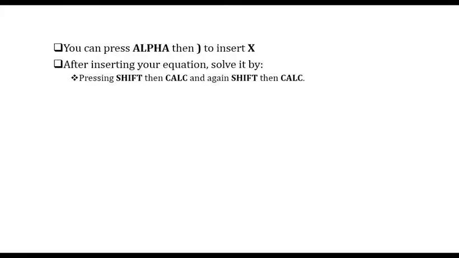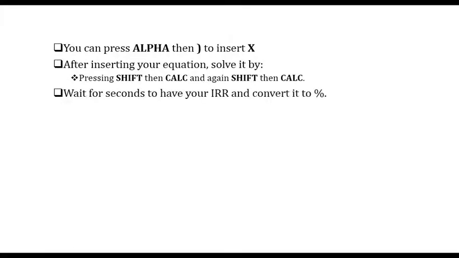Okay, so now you press shift, then you press calculate, and you repeat the step. On the first step, it will tell you x, then it will display a question mark, so you repeat shift again, then calculate, and you wait for your answer. 4 seconds. Normally within a minute everything will be done, and you convert it into the percentage.